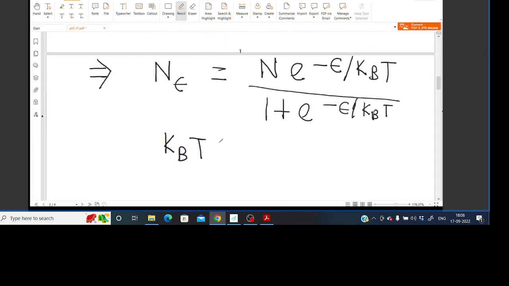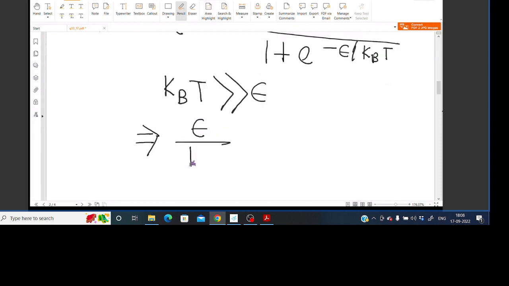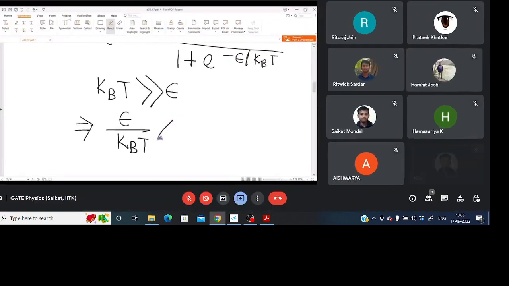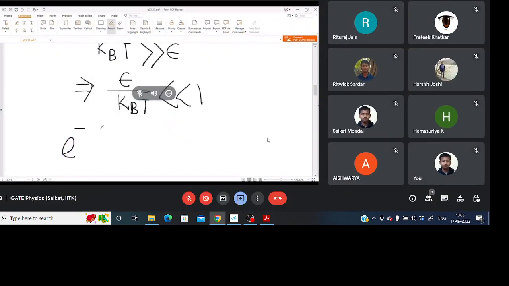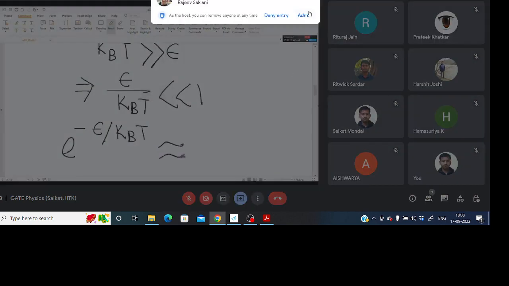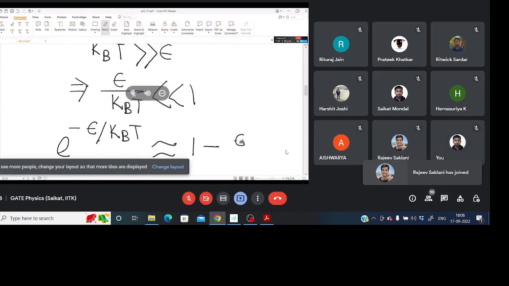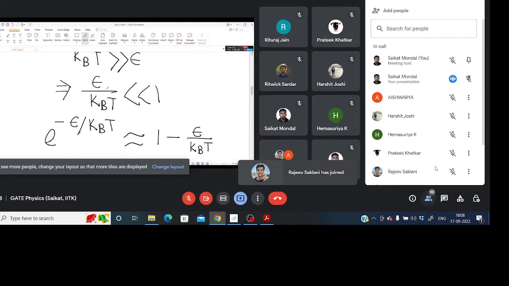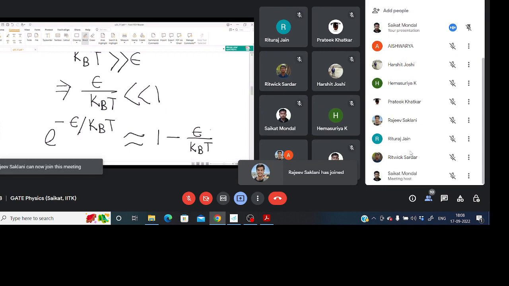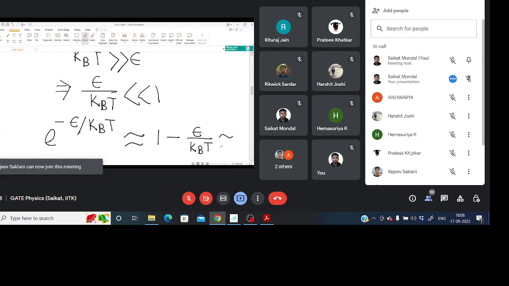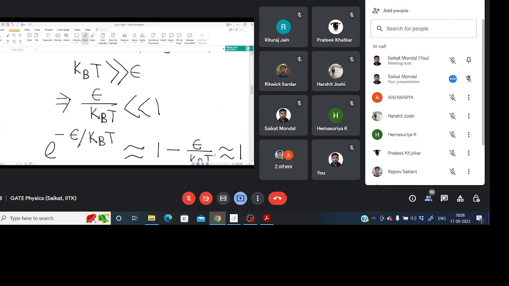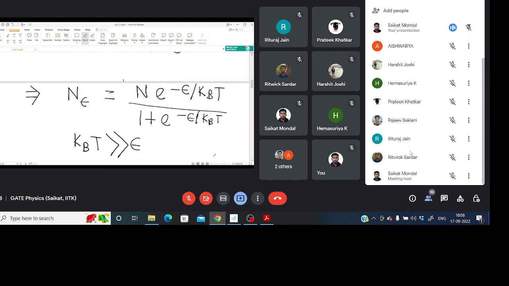In the limit kBT much greater than epsilon, we have epsilon by kBT much smaller than 1. In this limit, we approximate e to the power minus epsilon by kBT as 1 minus epsilon by kBT. As epsilon by kBT is much smaller than 1, we can also approximate it by 1. So we replace e to the power minus epsilon by kBT by 1 in this expression.